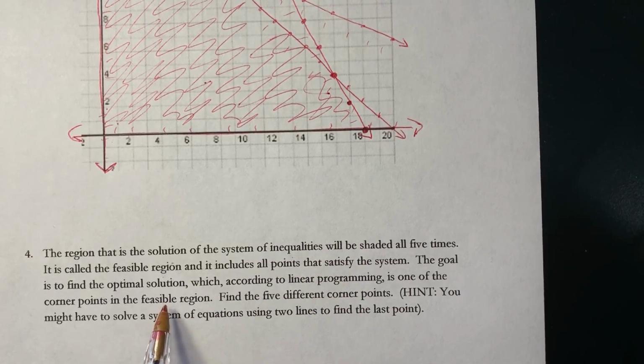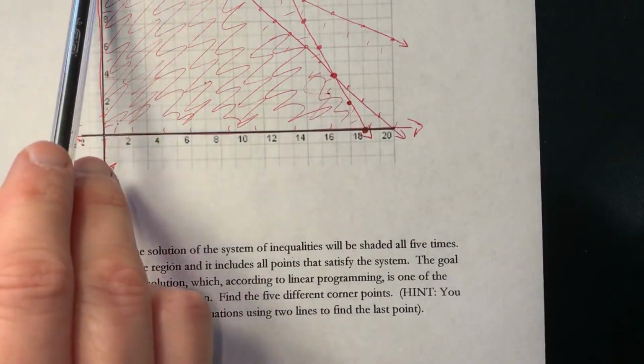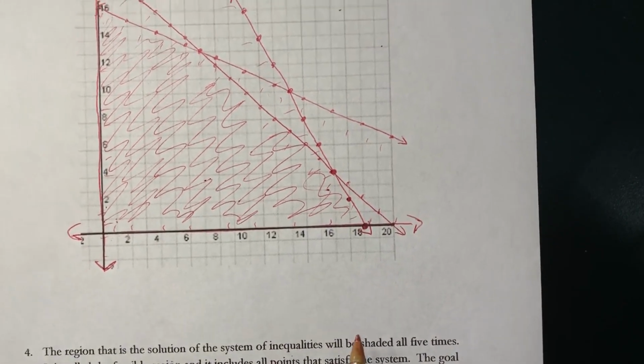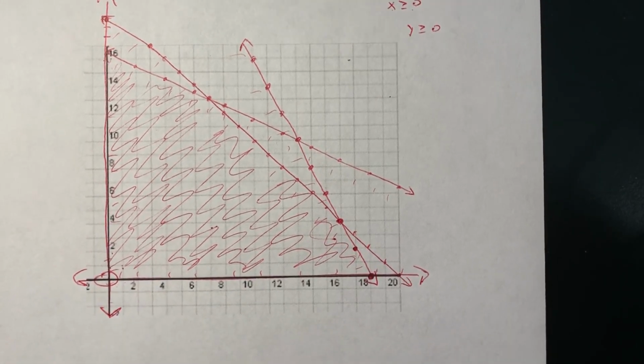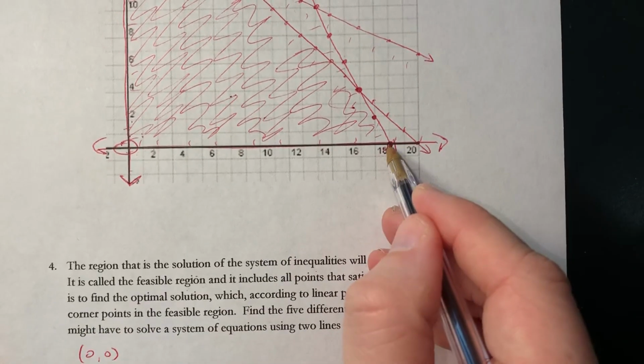The goal is to find the optimal solution, which, according to linear programming, is one of the corner points of the feasible region. So one of these 5 vertices. Okay, so we're going to find those 5 different corners. So we've got 0, 0. We've got 18, 0.